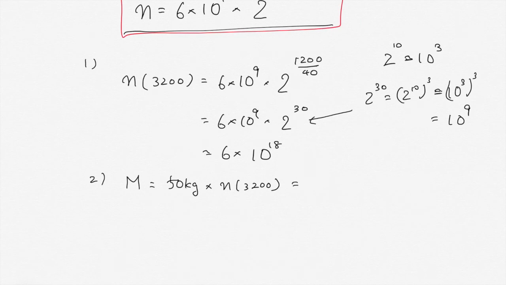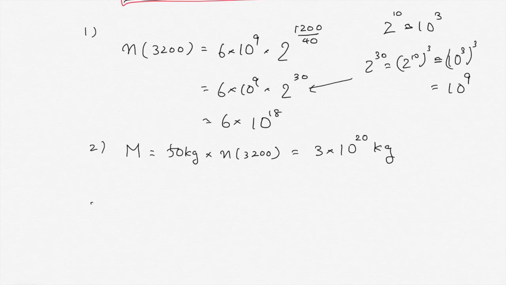Then it becomes 3 times 10 to the 20 kilograms. This is the total mass of human beings in 3200, so 1200 years later from now.